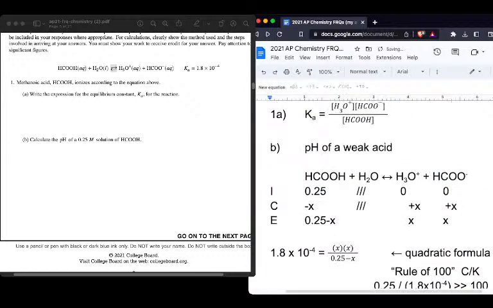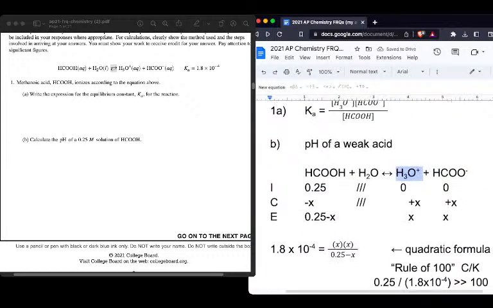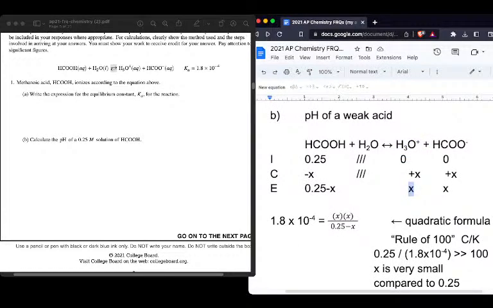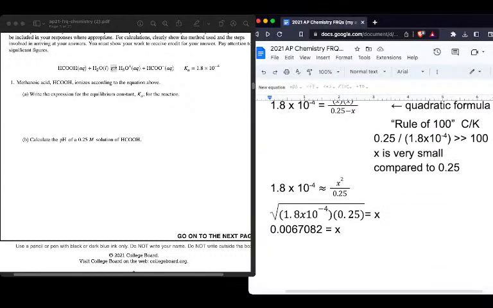That X, if you go back to the H3O plus concentration, is the H3O plus concentration because the ICE table says the equilibrium concentration of H3O plus is X. So I'm just going to say that's the equilibrium concentration of my H3O plus.